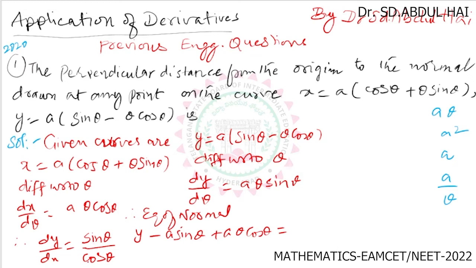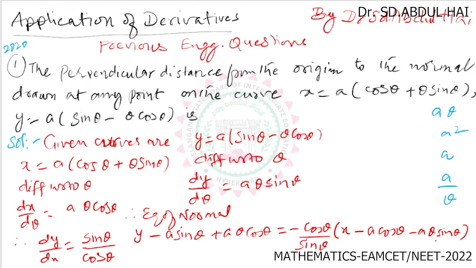M is sin theta by cos theta, but I want here minus 1 by m, so it will be inverted and becomes minus cos theta by sin theta into x minus x1. What is your x1? a cos theta plus a theta sin theta.